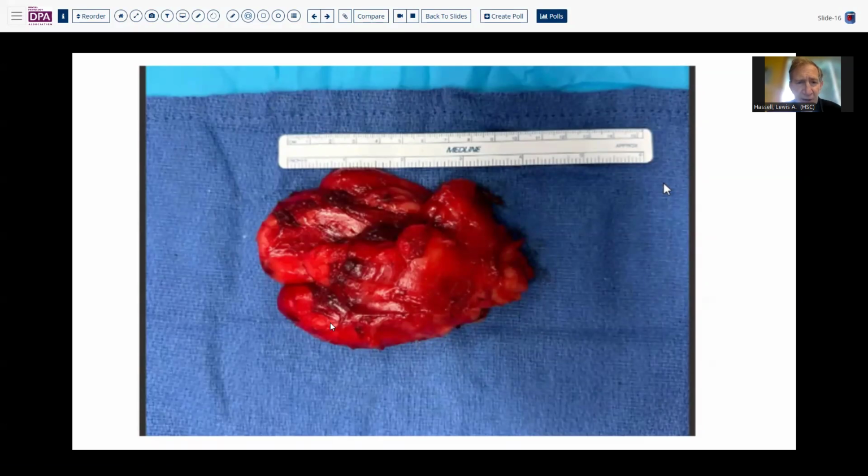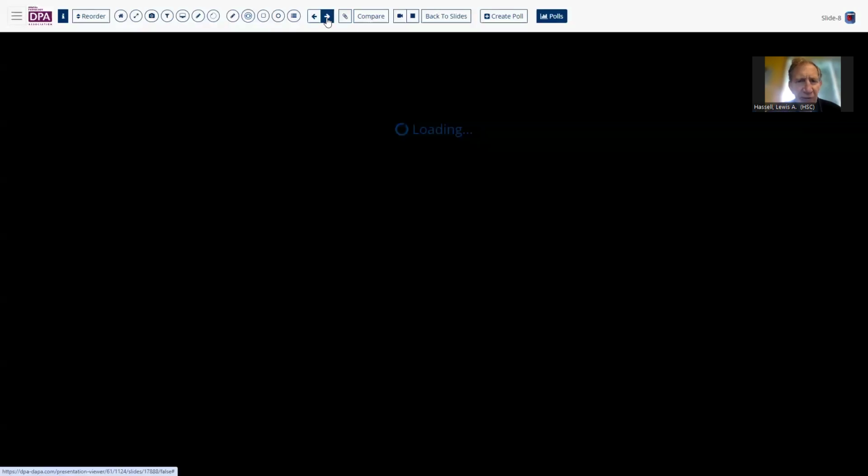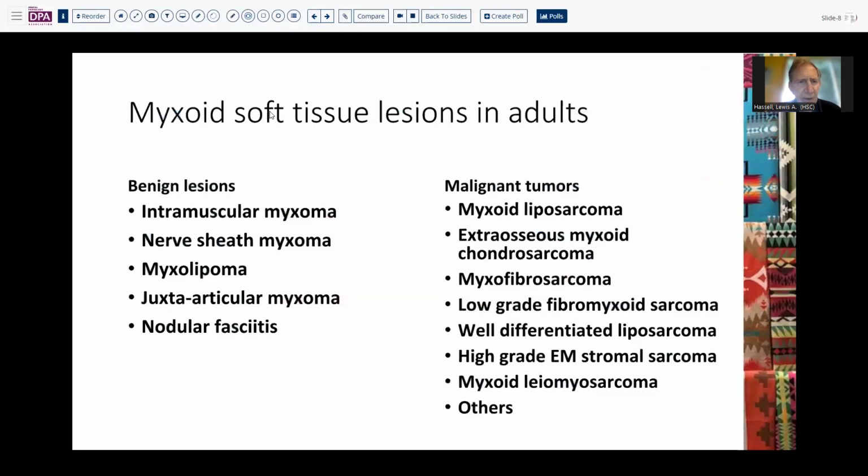So the case went to resection, and here you see this nicely multi-lobated mass, obviously fairly sharp margins, rounded appearance on the edges without evidence of invasion. But these are the things that we should be thinking about histologically with a myxoid background.